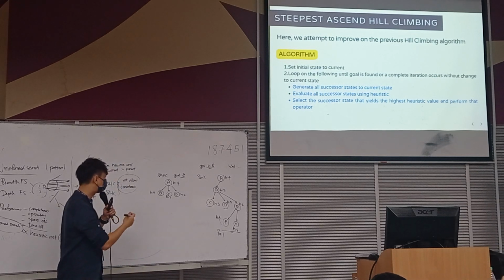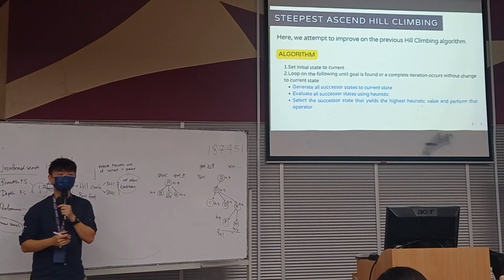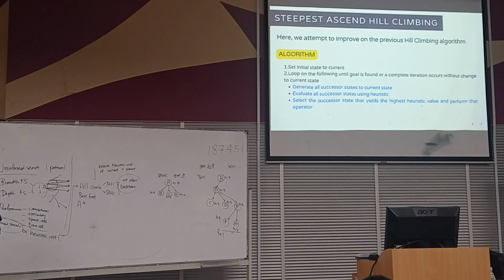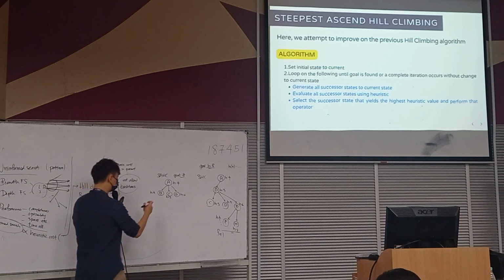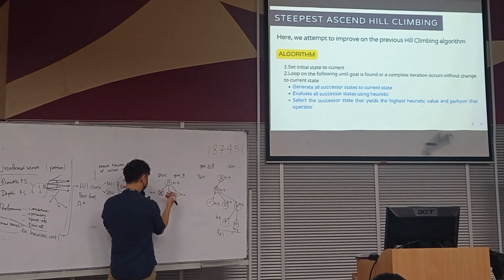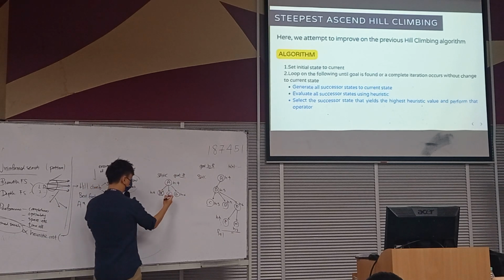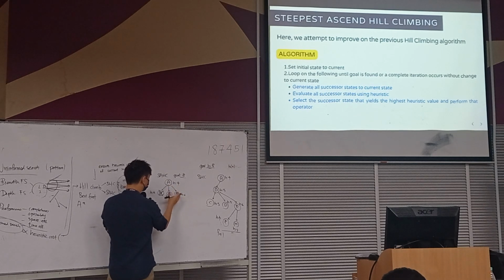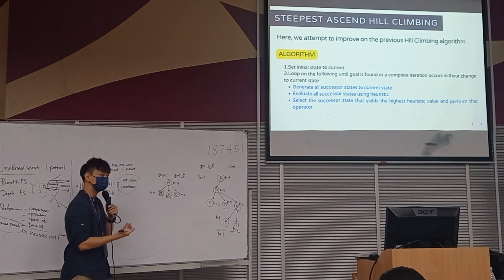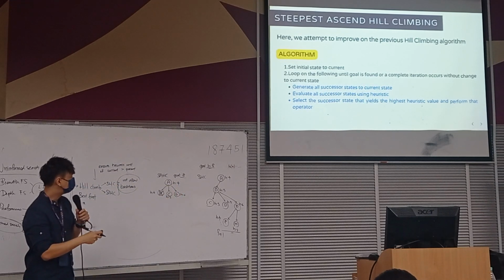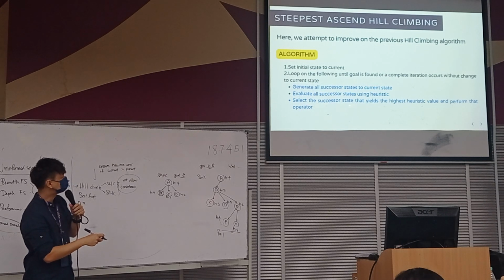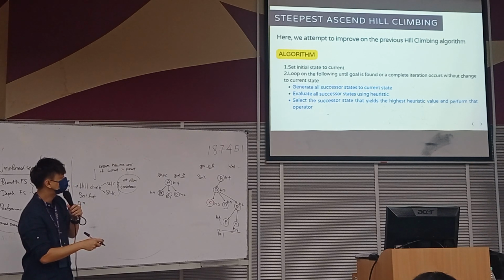Which one is better than the parent node? C and D, right? B is disqualified because it's equal. So C and D are better than A. So which one to choose? D, right? Why? Select the successor state that yields the highest heuristic value.